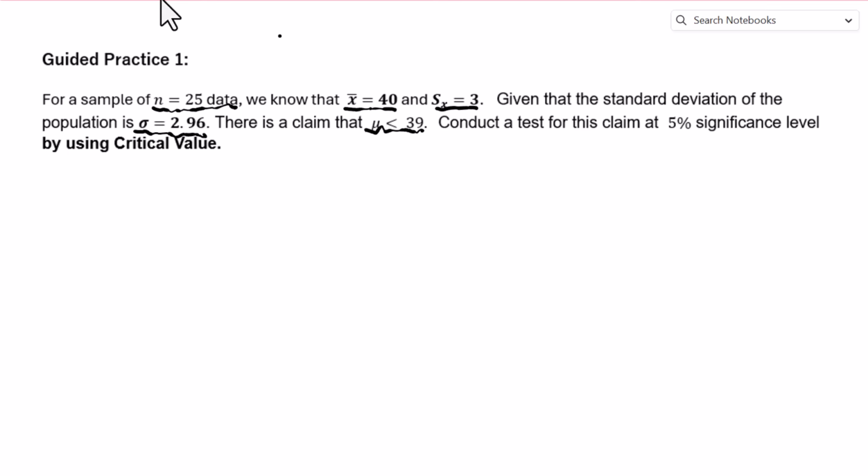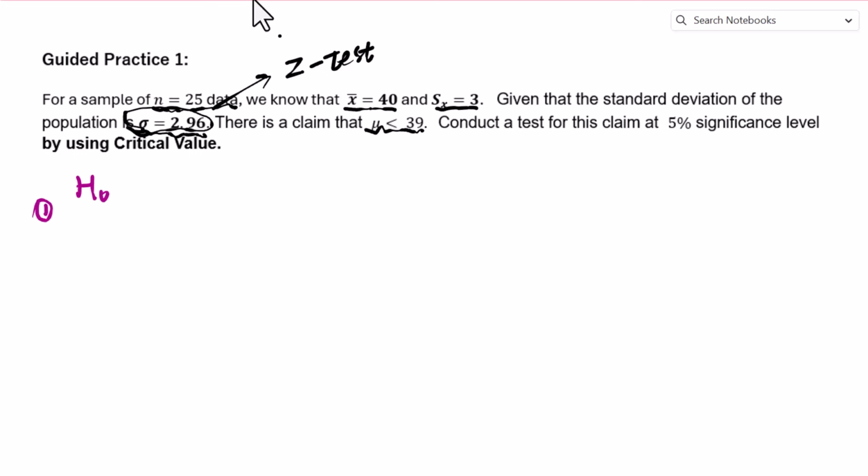Conduct a test for this claim at 5% significance level by using critical value. Since standard deviation is given, we will use z-test.